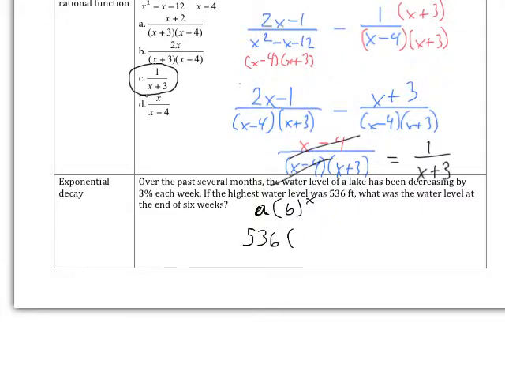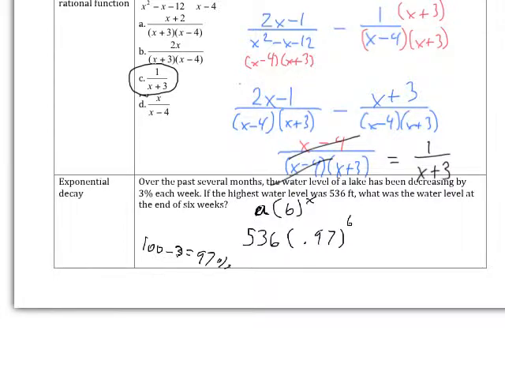The growth rate is a little bit complicated. We're decreasing by 3%, which actually means 100% minus 3% is 97%. And you actually express that as a decimal. And then it's normally to the x power, but in this case it says it's after 6 weeks.